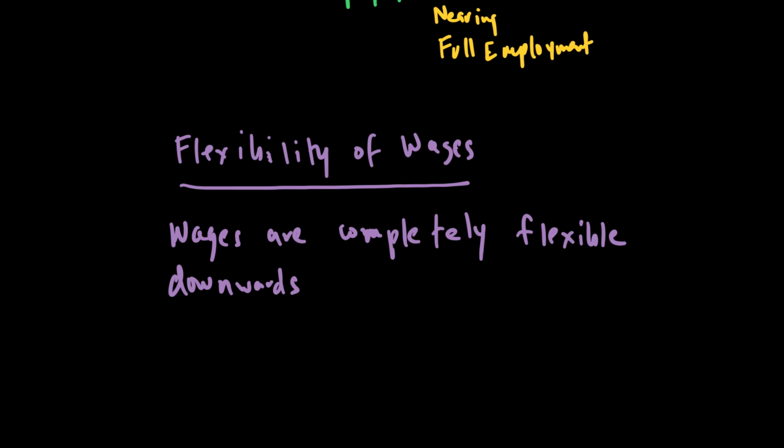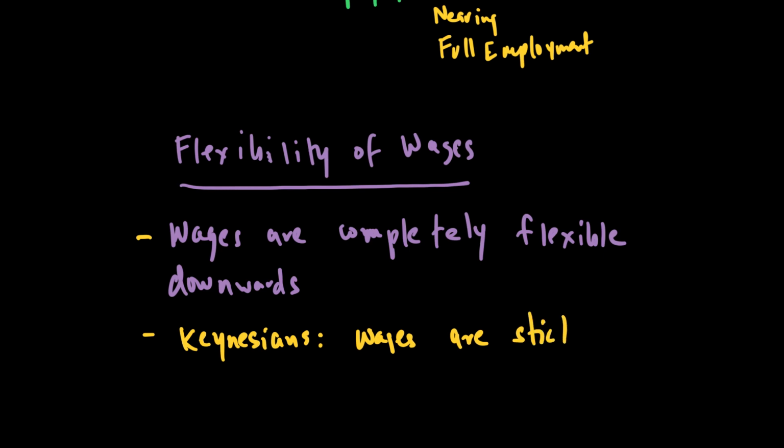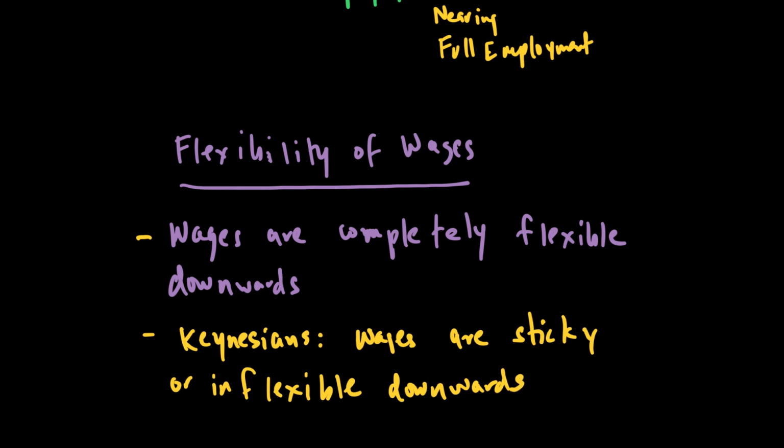In fact, Keynesians argue that wages are sticky, or inflexible downward. And this is a big disagreement because workers, according to the Keynesians, don't want to take a wage cut because there is a demotivation effect.